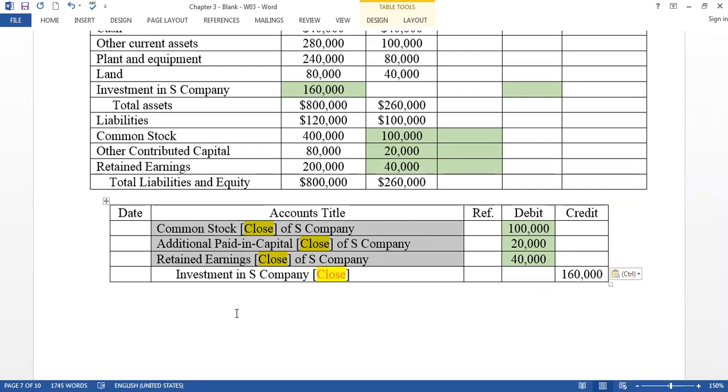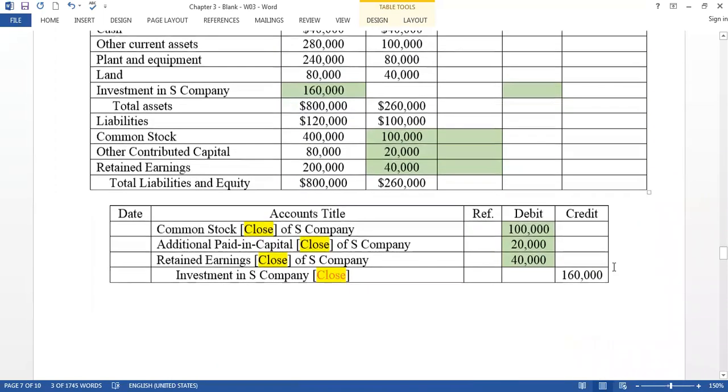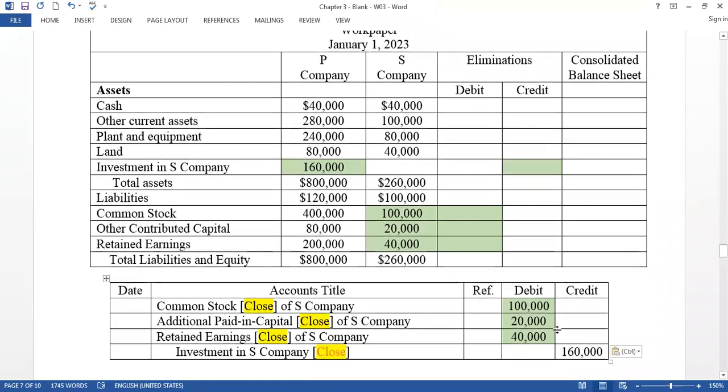We will keep their asset, we will keep their liability. So we close their equity account, and we also close our investment, because we are going to merge consolidate asset and liability together. So these things you can see that to close these three now based on this journal entry.